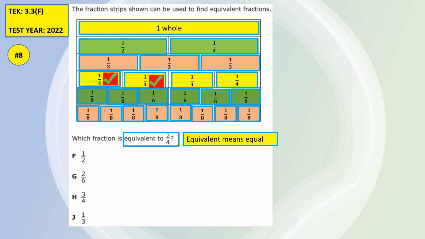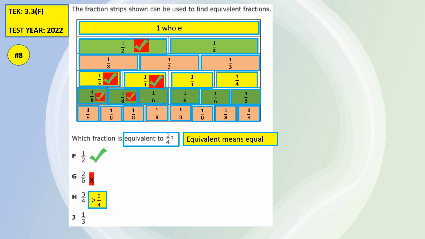Now, answer choice F says 1/2. Well, if you look at it, 1/2 and 2/4 do take up the same amount of space, and they are equal. Answer choice G says 2/6. Well, 2/6 is actually smaller than 2/4, so that's not going to work. Let's look at H, 3/4.